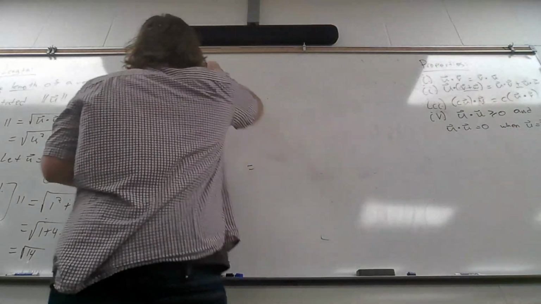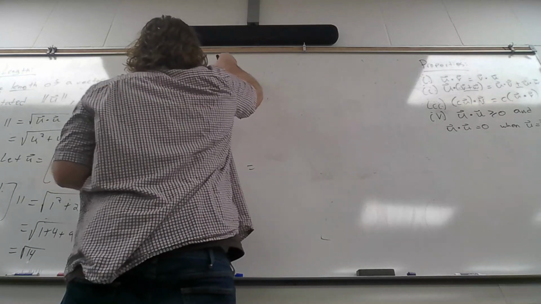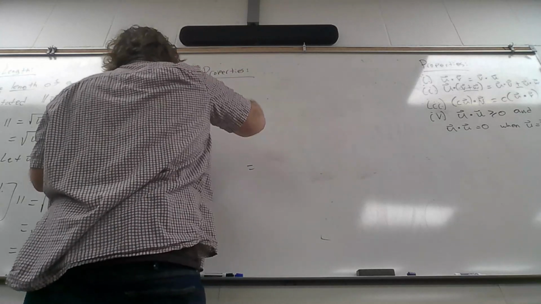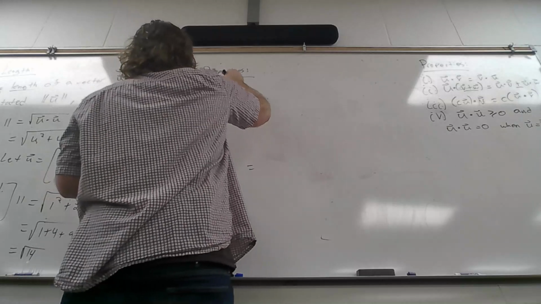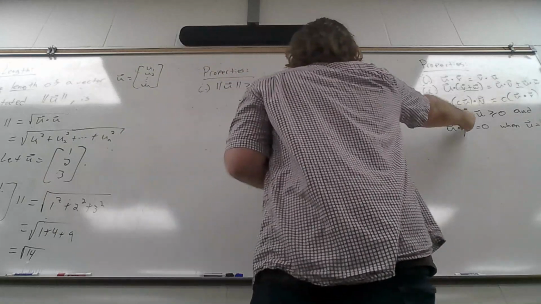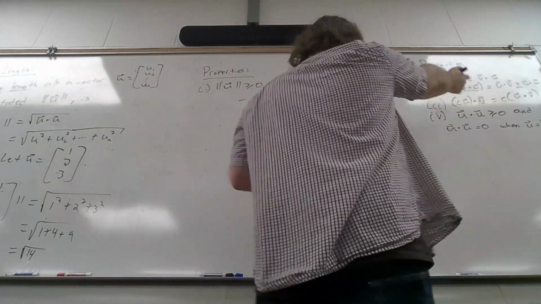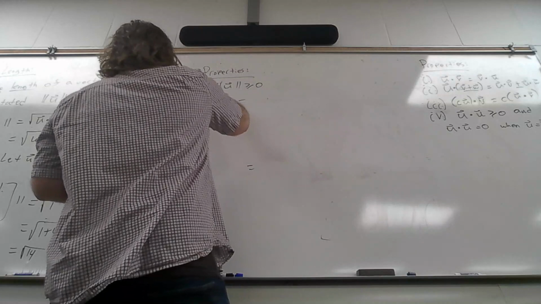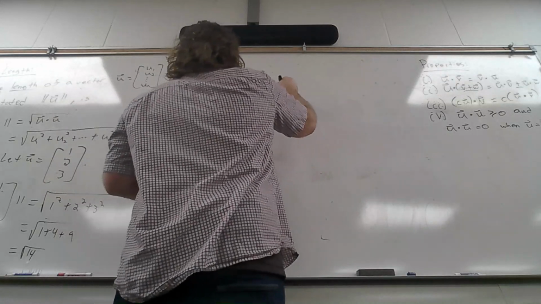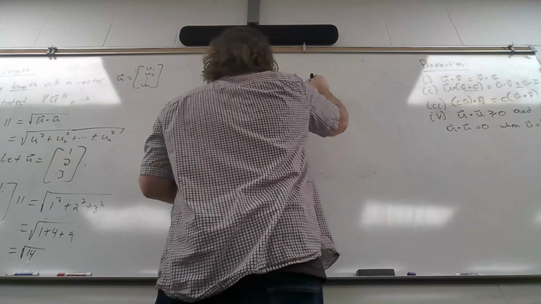Okay, so some properties. Most of these are, again, not a surprise. This length is bigger than or equal to 0. Why? Well, we defined it in terms of this, so that makes sense. Also, the length is 0 when the vector is 0 itself.